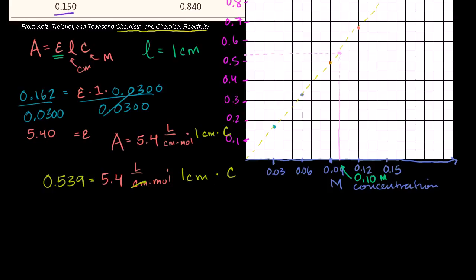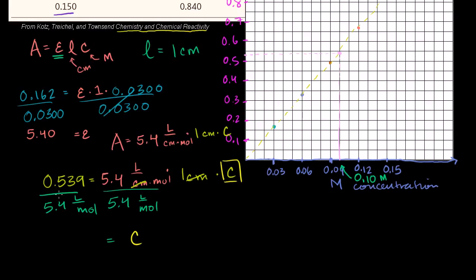Well, this centimeter cancels out with that centimeter over there. And then we can just divide both sides by 5.4 liters per mole. So on the right-hand side, all of this business is going to cancel out. We're just going to have this concentration left over.